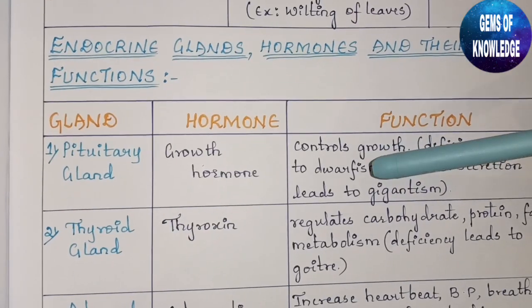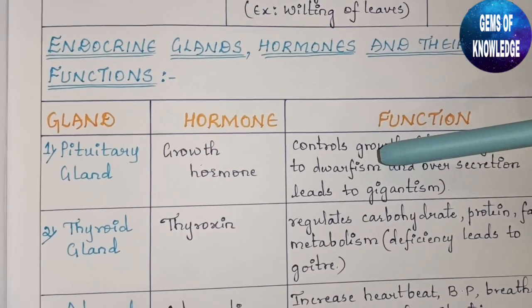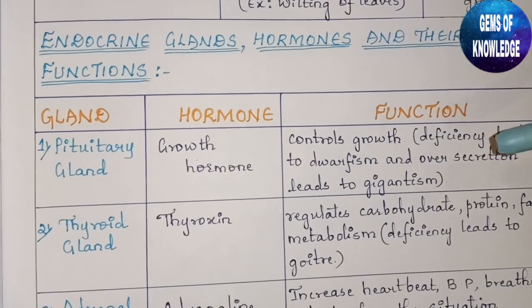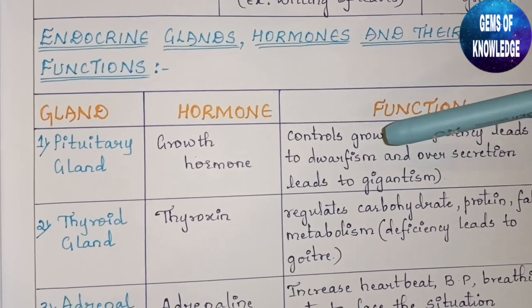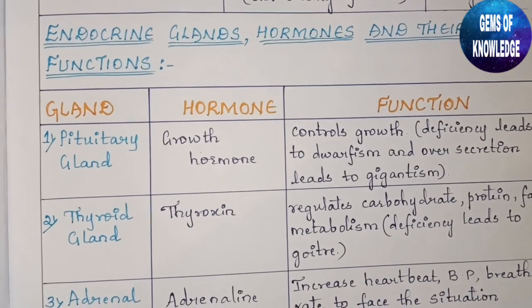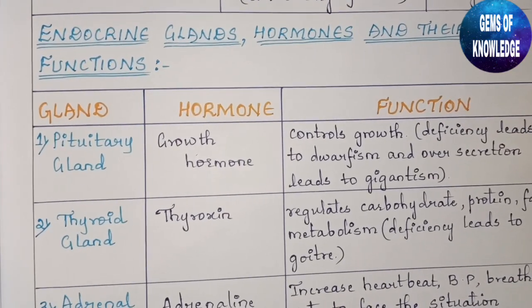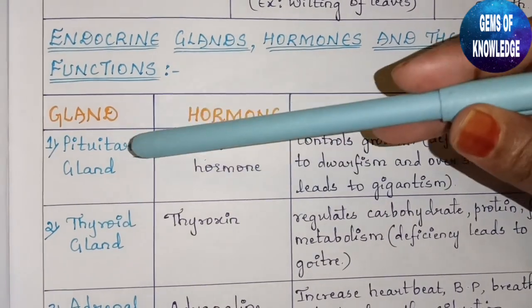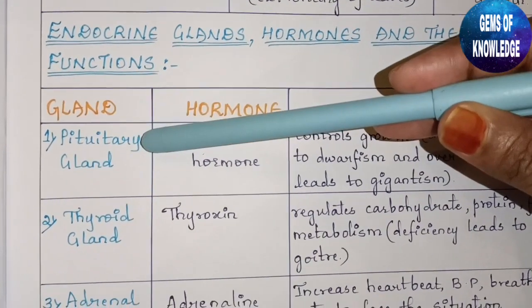So that particular symptom is of dwarfism. And over secretion of this hormone leads to gigantism, where the person's height can grow very tall. So that is the growth hormone, which is secreted by the pituitary gland.